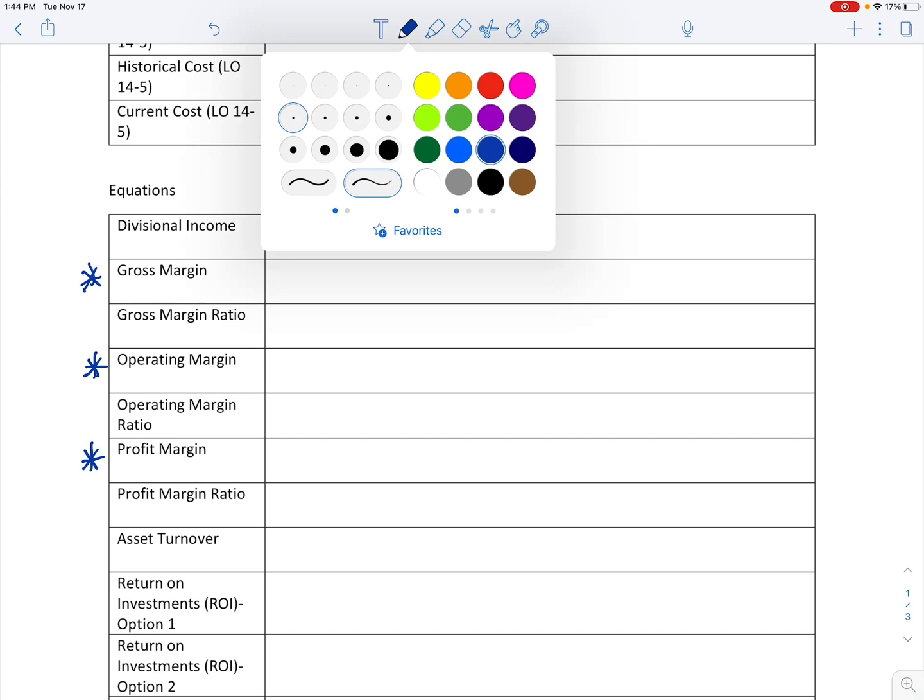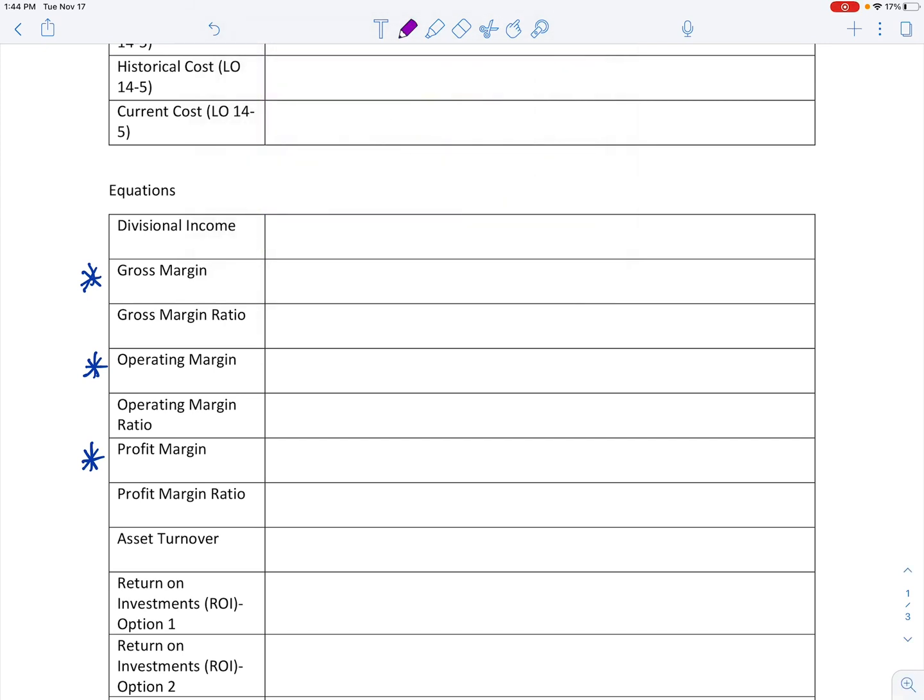And I also want you to note that we're working with a lot of ratios. We have the gross margin ratio. We have the operating margin ratio, the profit margin ratio. One easy way to calculate a ratio is just remember you're going to take that term, whatever it is, like gross margin, and you're going to divide by sales.